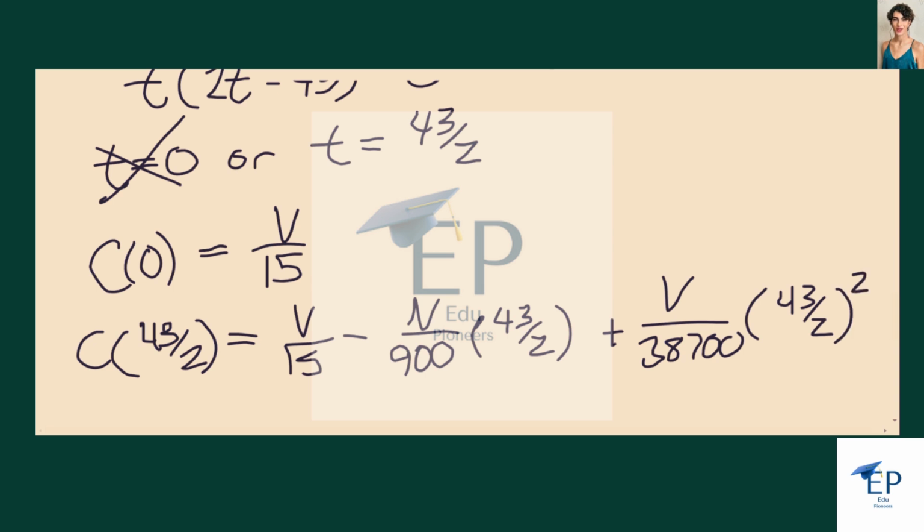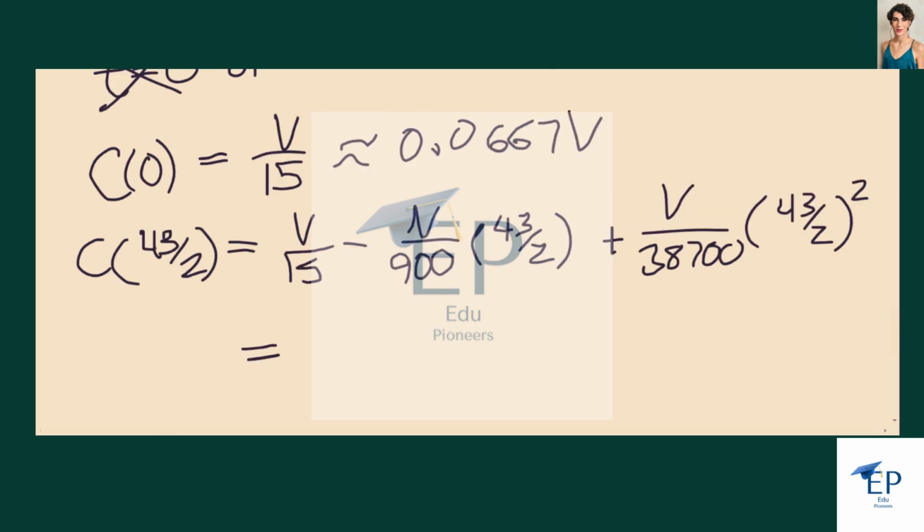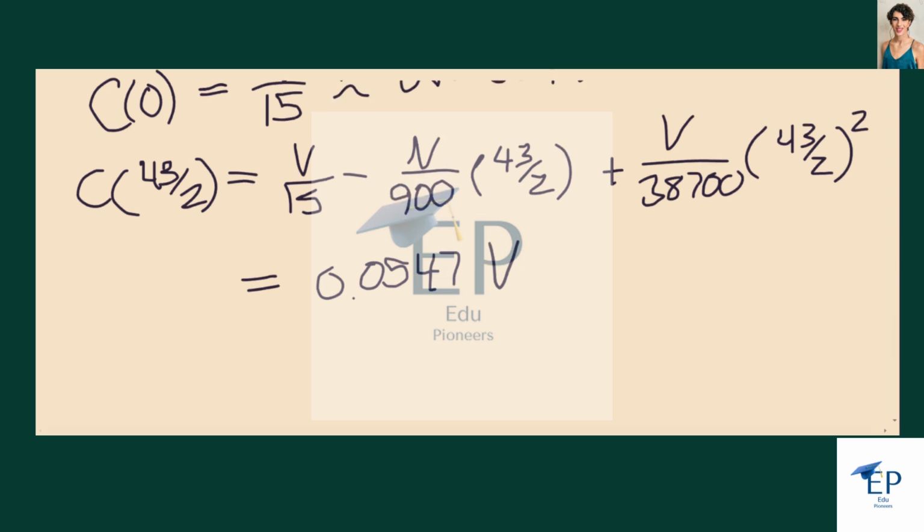And this is all an expression in v, which you can simplify. The first expression was approximately 0.0667 v. And the second expression, c of 43 halves, is approximately 0.0547 times v, which is slightly less.